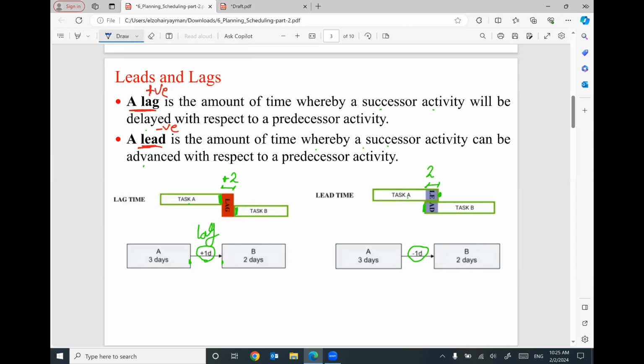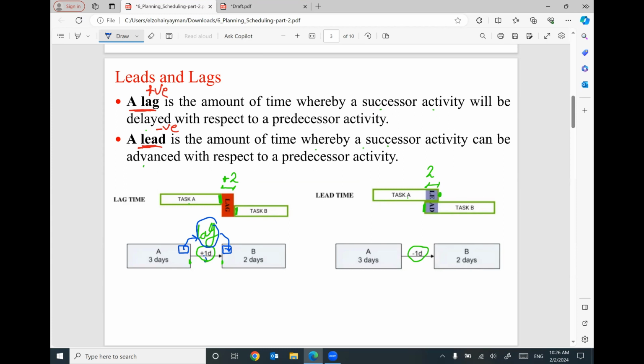So be careful about these two meanings. Lag with a positive number. So the end of this activity does not mean the start of this activity. No, I have to wait more time, delay the start of activity B for this lag. So if you add this end by this lag, it can give you the start of this activity.